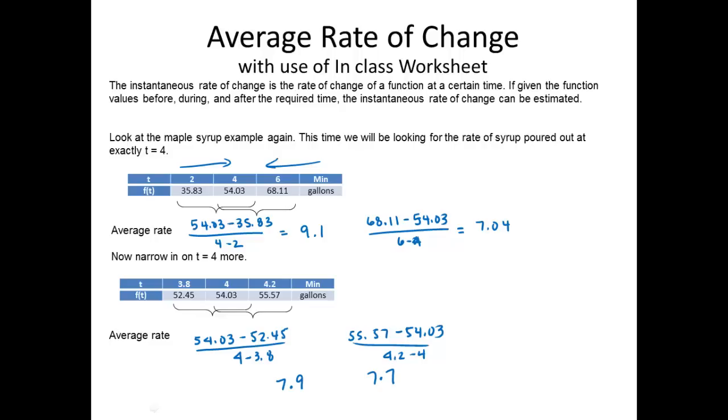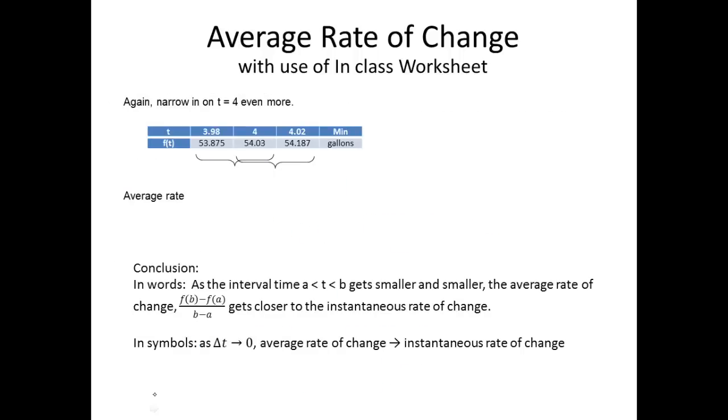One more step. Let's get even closer than 3.8 and 4.2. For this one, I'm using 3.98 minutes, so I'm practically at 4 minutes, and 4.02 is slightly over 4. One more time we're going to calculate these, so give those a try.